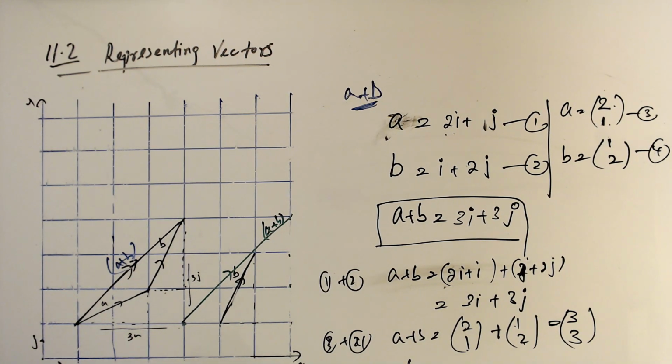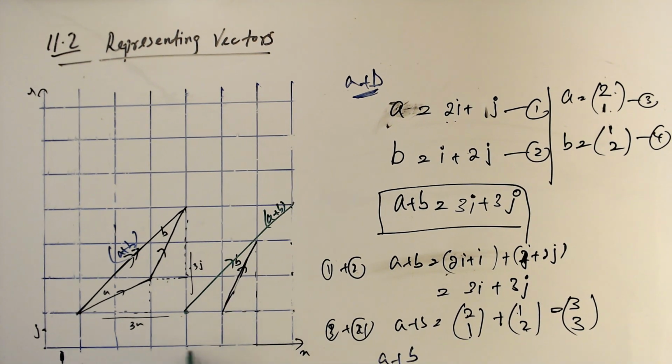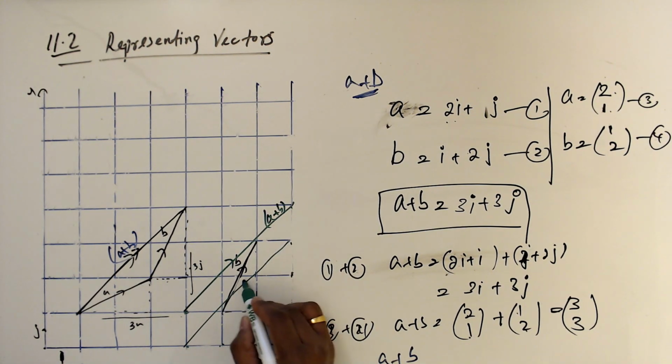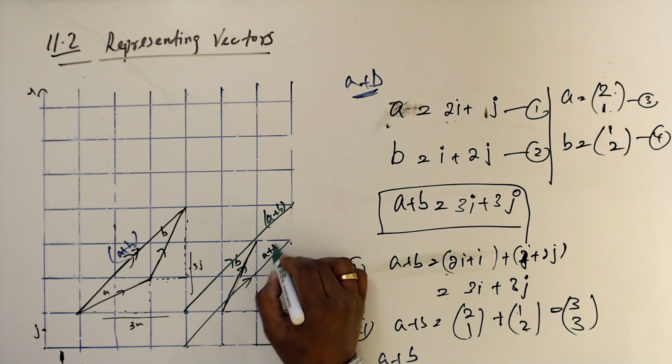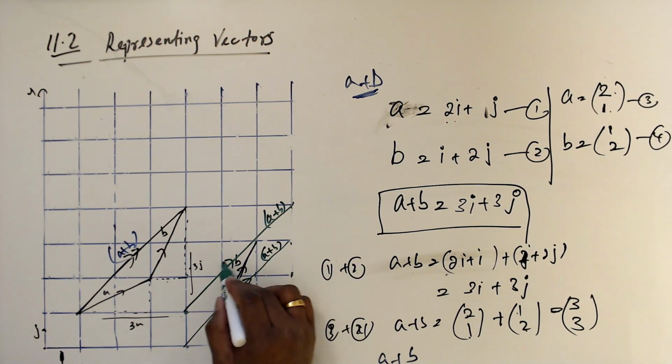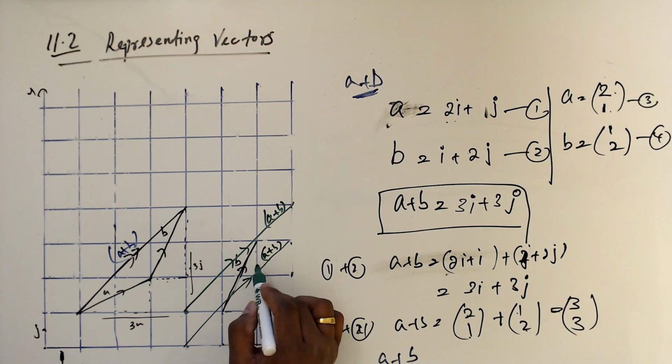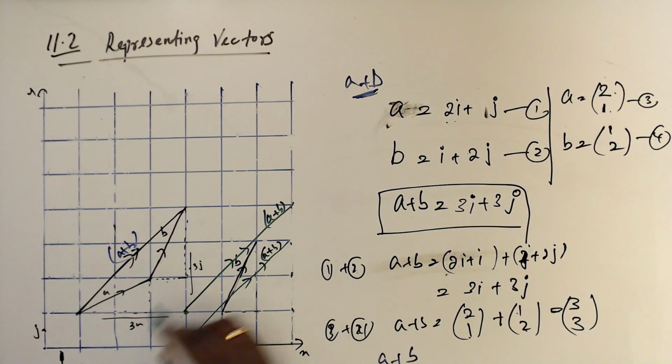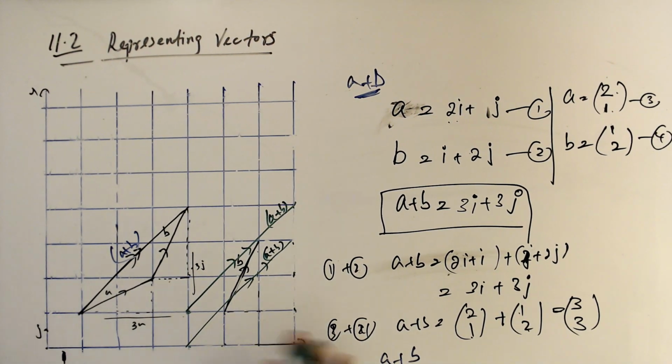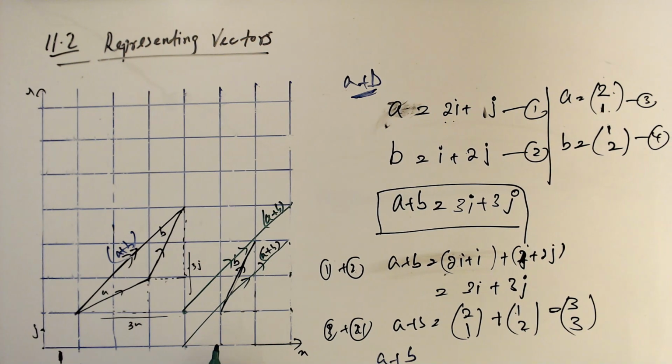Another a plus b, if I start here, 1 2 3, 1 2 3. So they all are parallel. If you draw 3 by 3, it is going to be a plus b.